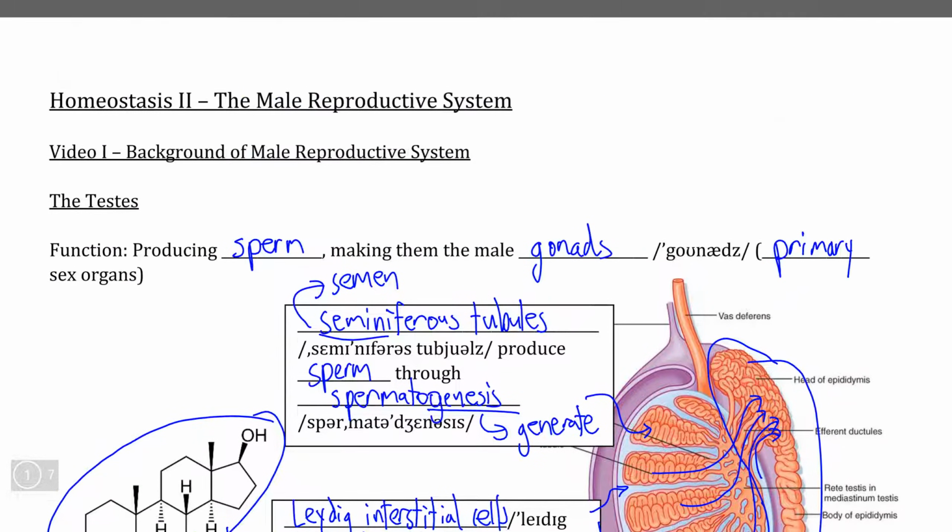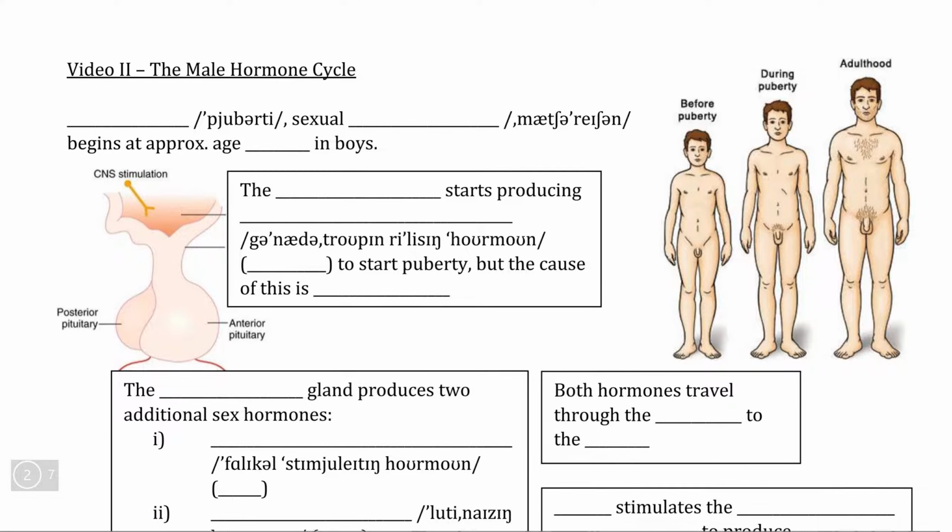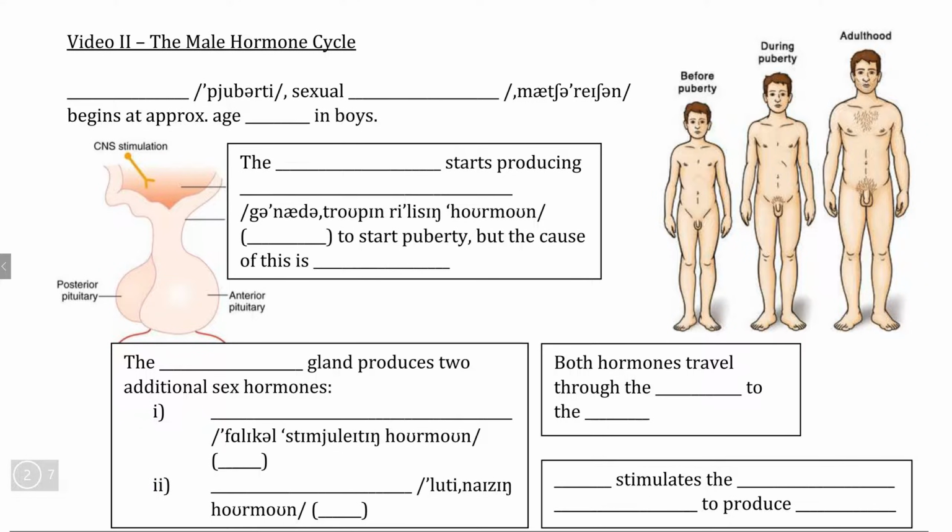In the next video, we're going to look in detail at the puberty cycle and how a collection of regulatory hormones are used in order to regulate and control the production of both sperm and testosterone.